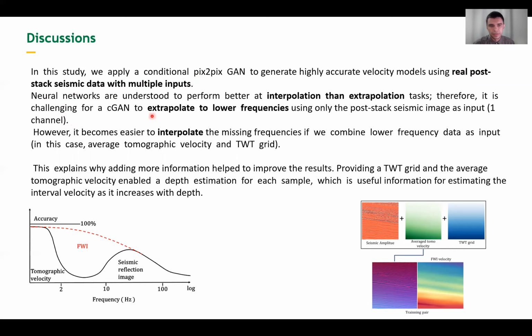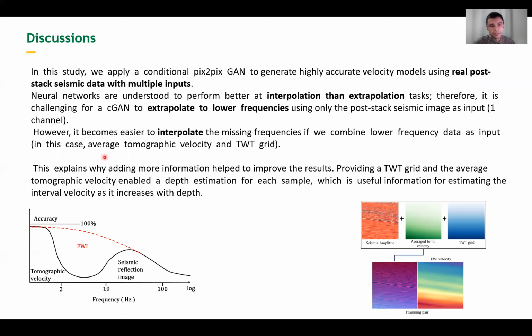Neural networks are understood to perform better at interpolation than extrapolation. Therefore, it is a challenge for a conditional GAN to extrapolate to lower frequency if we use only the seismic image reflection like here.